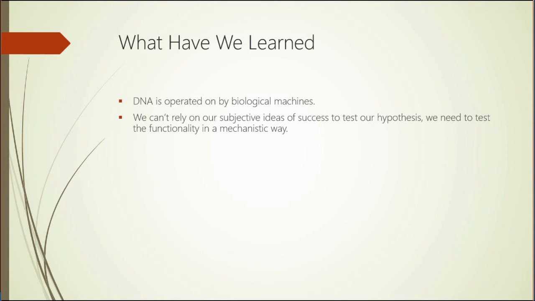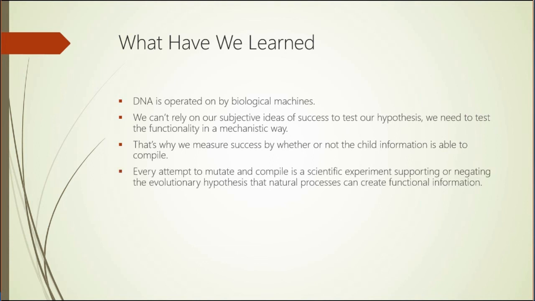We need to test the functionality in a mechanistic way. That's why we measure the success by whether or not the child information is able to compile. The compiler is a machine operating on information, and that simulates what's happening when DNA is processed.